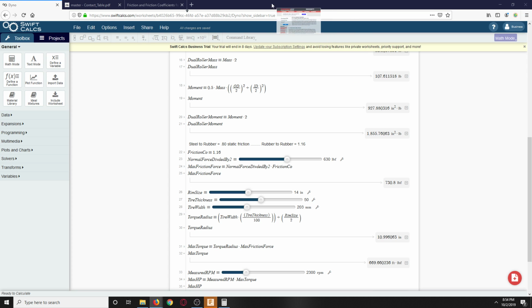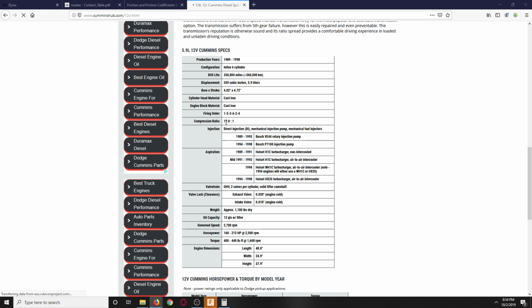Okay, so here it is. Bosch. So it gets, I think, like 144 horsepower or something. So 440 foot-pounds of torque at 1600, and governed speed is 2700. Very, very low.